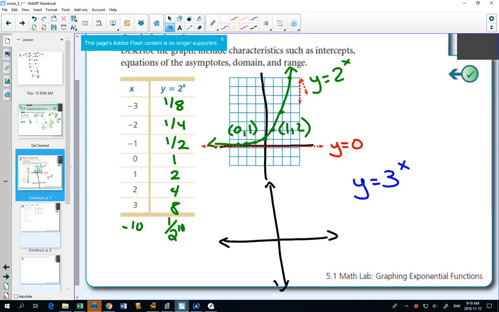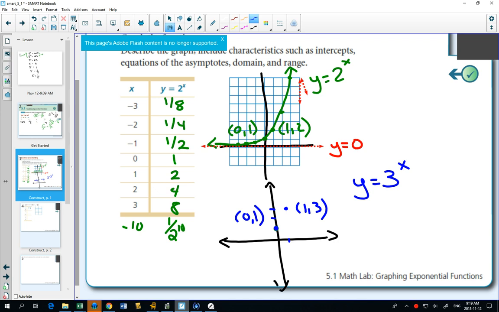But if you look at y equals 3 to the x, what's going to happen when you plug in 0 for x? You're going to get 1. Can you see that maybe for every exponential graph, you'll have 0, 1? Okay? What happens when you plug in 1 for x? You get 3. So with 2 to the x, you had 1, 2. With 3 to the x, you have 1, 3.